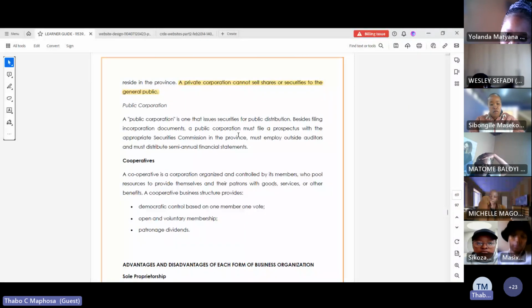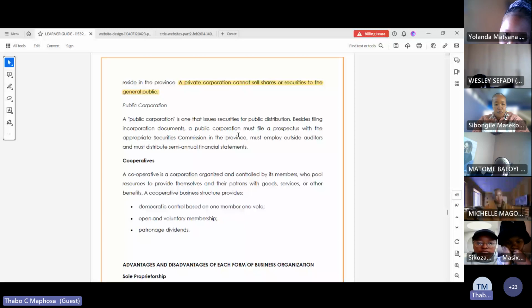They also have to employ outside auditors, and distribute financial statements, usually done at least twice a year for most companies. They have to do that so that when you're selling your shares to the public, people are aware of what is happening in that company before they can buy anything. Because imagine you go and buy shares in a company that's dying. You need to know what exactly you're putting yourself into.